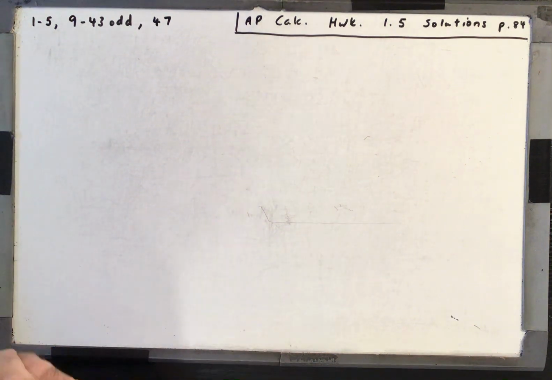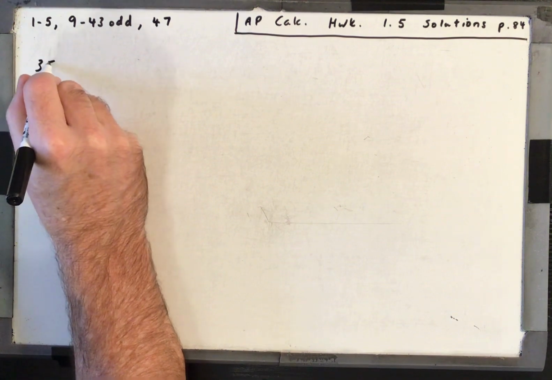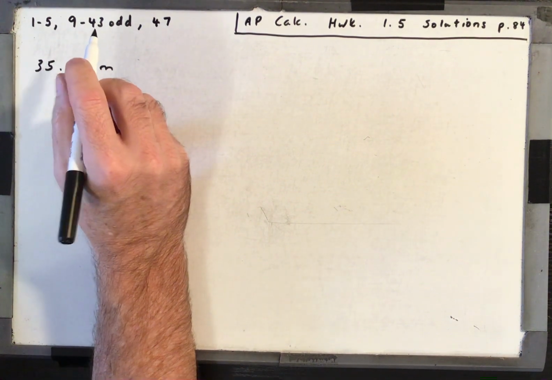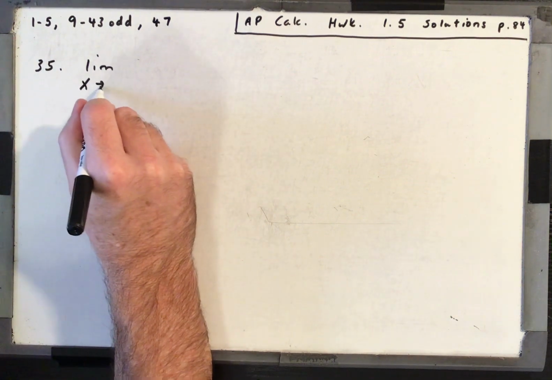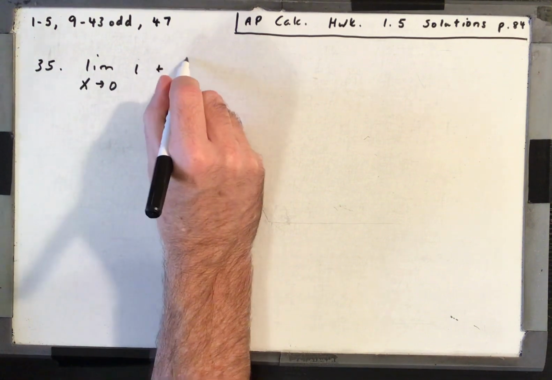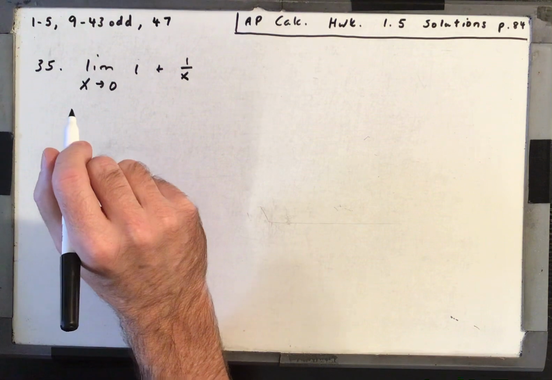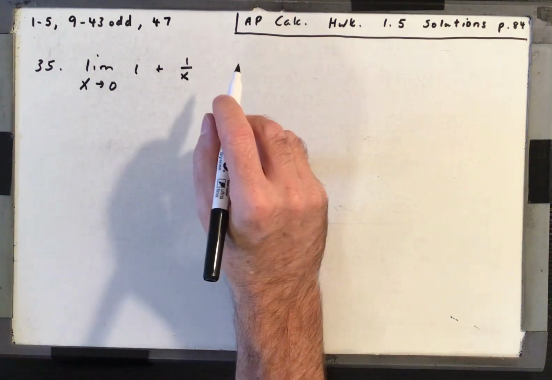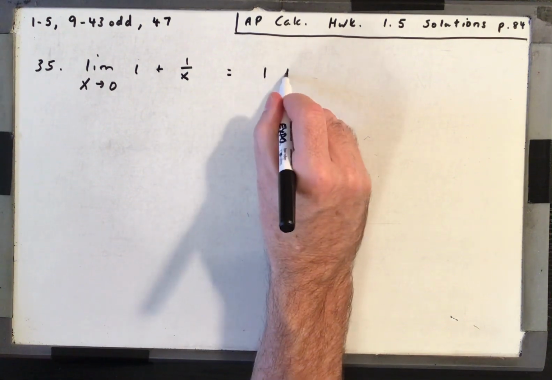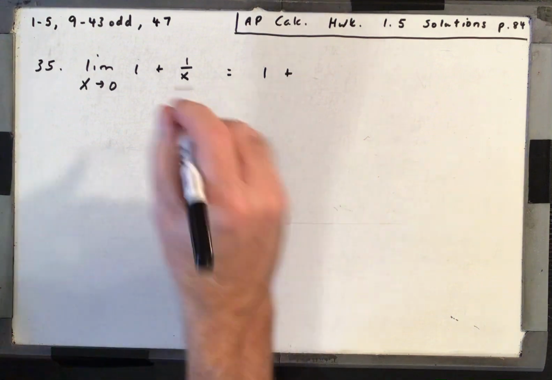Okay, so we are on 35. I want to take the limit as x approaches 0 of 1 plus 1 over x. Okay, so that's going to be 1 plus, and is that 0? It looks like it's from the left there.